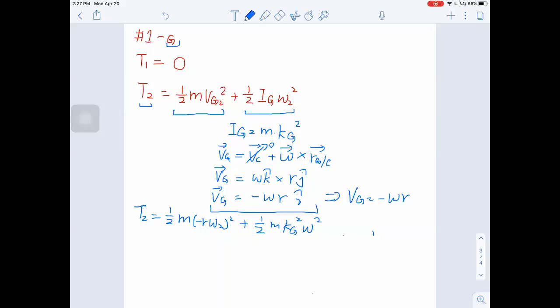If you look at this, we can combine terms here. Both have m, omega, and a half.